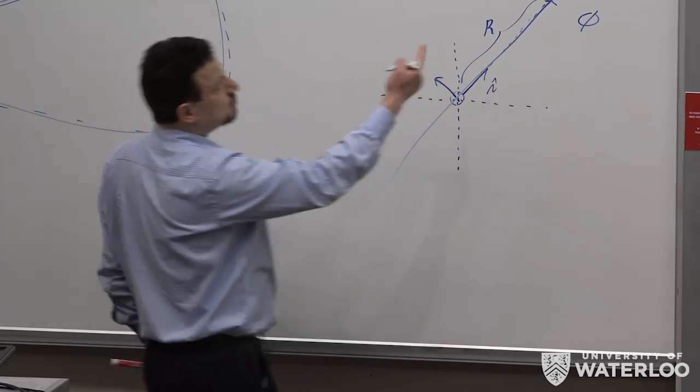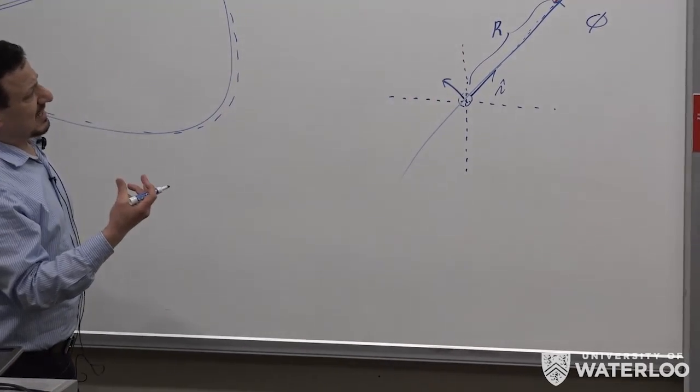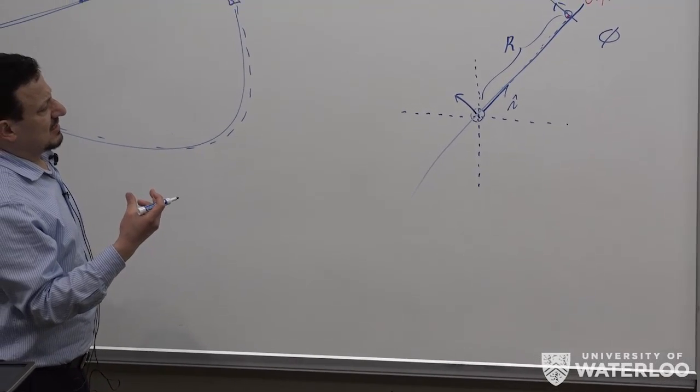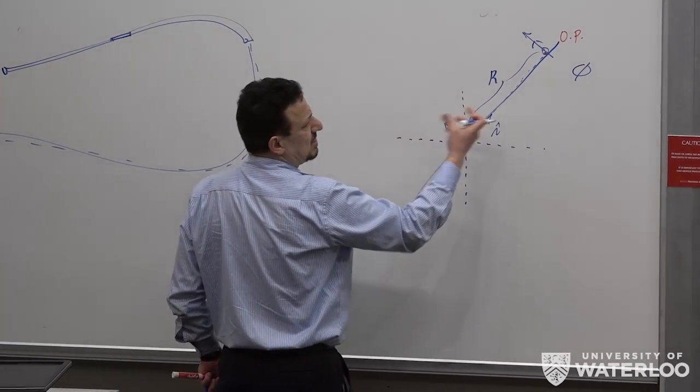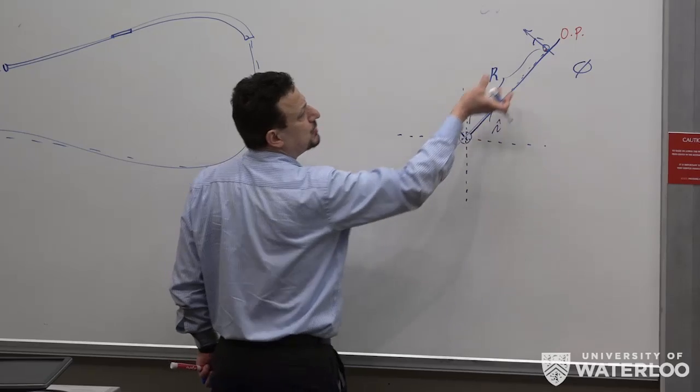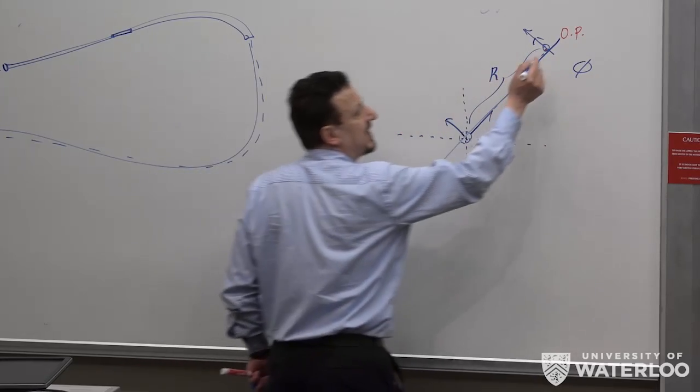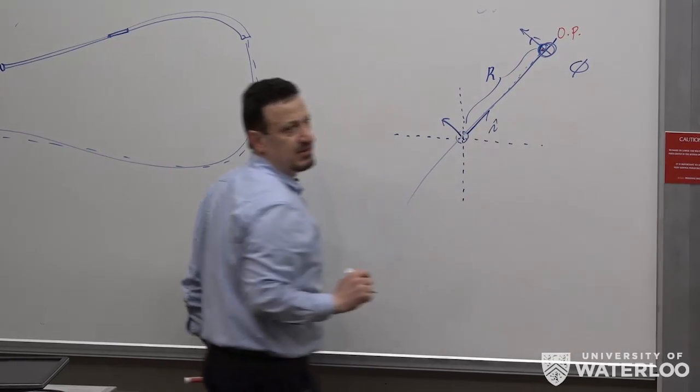The other thing, so that's one piece of information, that is starting to give us a feel of what we need to do to find the field at an observation point.